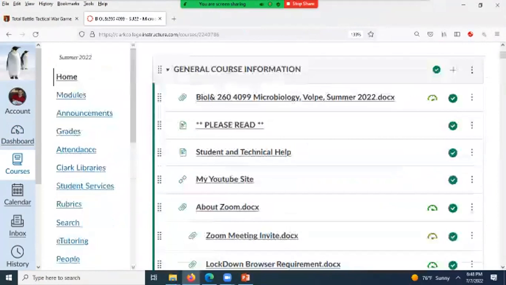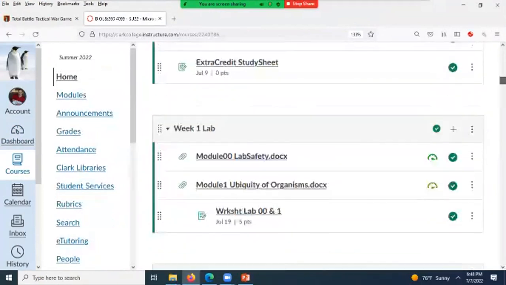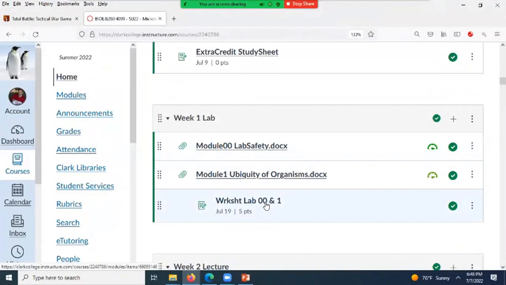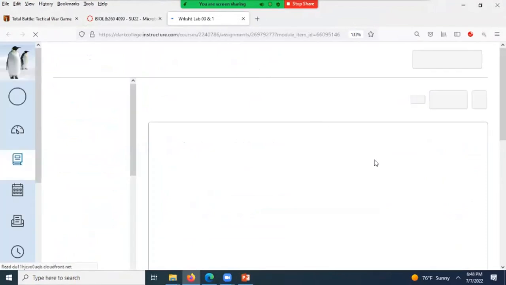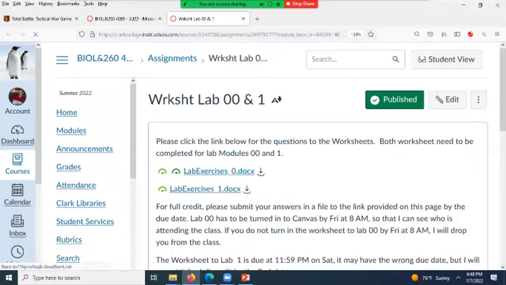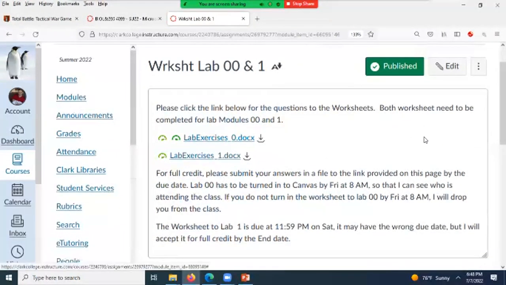Oh, it's only one link. That's the problem. So under worksheet for lab 00 and lab 01, there are 2 documents.